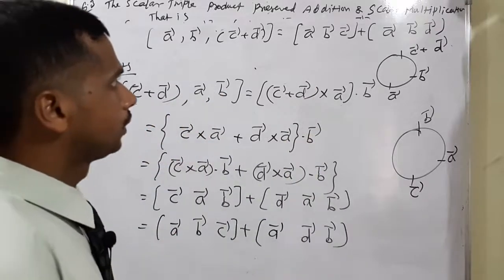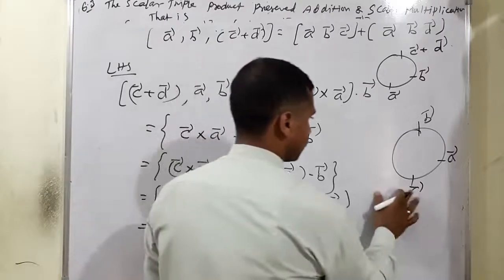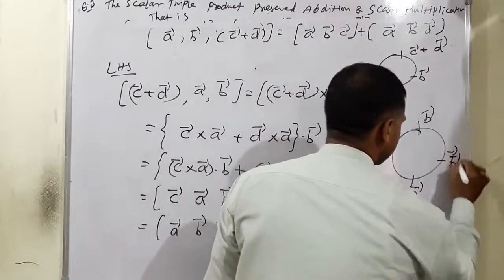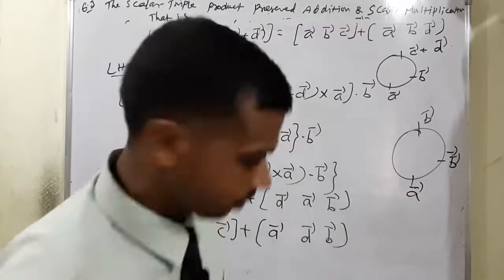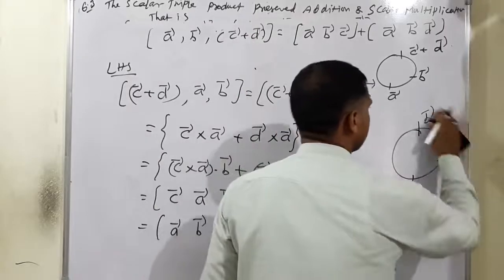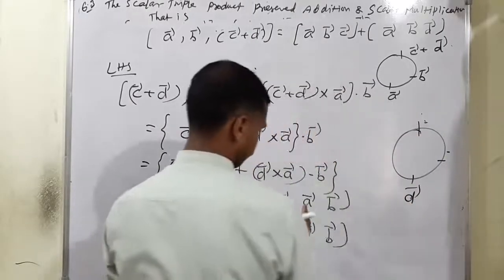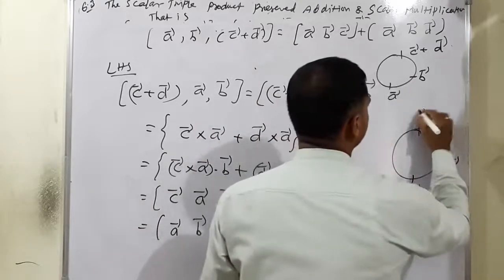Now the next condition, D vector, A vector, B vector. Sorry, my dear friends, a little mistake is there. Starting with D vector, then A vector, then B vector.